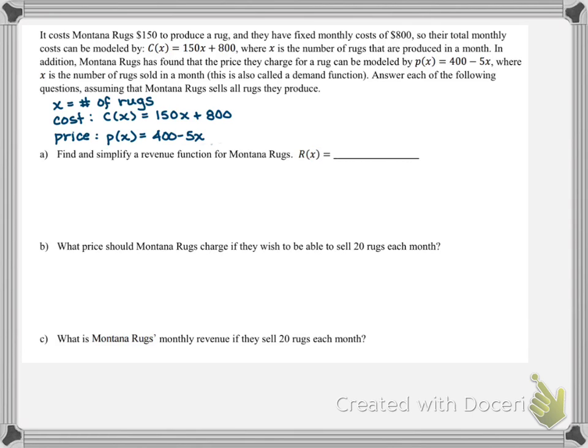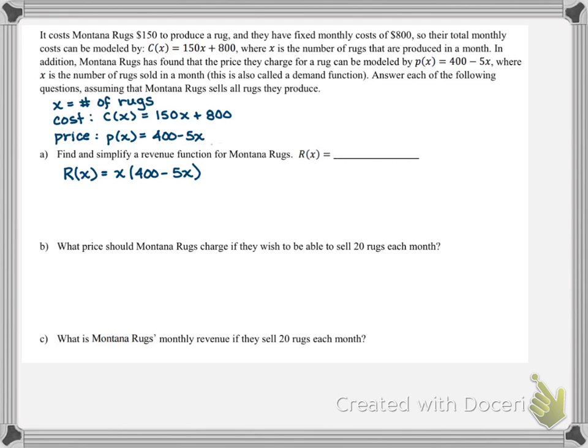So now we want to find a revenue function. How will I find my revenue function? Yes, so price times quantity, right? X is my quantity, my number of rugs. And so R of X is going to be X, that's my quantity, times my price.